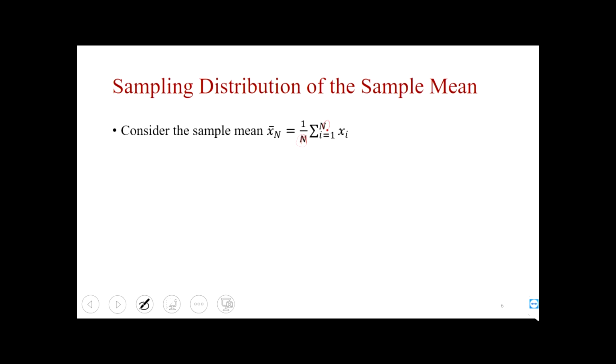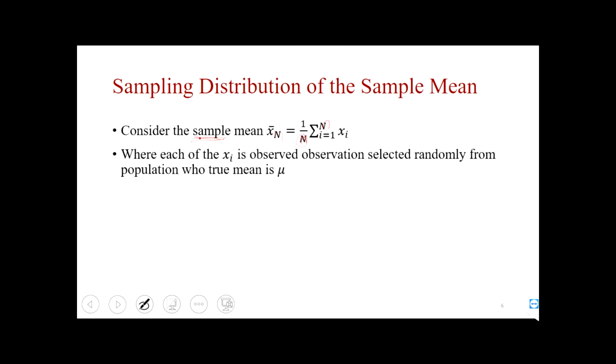I just want you to understand that this only represents the sample. So when we say sample mean, it represents the sample that you have collected, where each xi is an observation selected randomly from a population of true mean mu. So this will be the actual price that you have to pay for the membership if you were to call the gym and ask them how much you should pay for a year; they will tell you this amount of money.